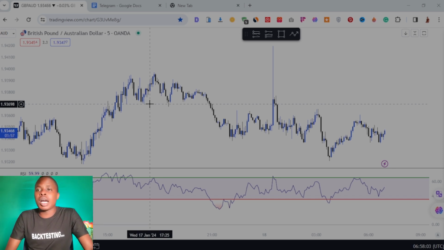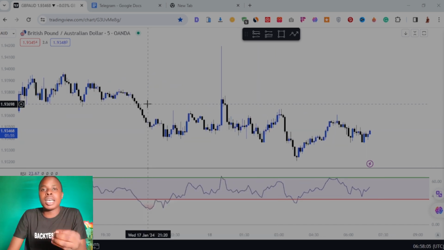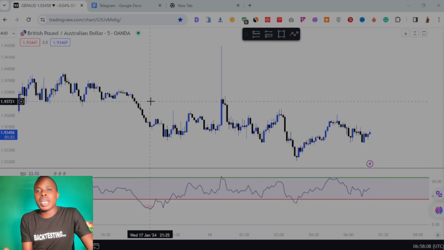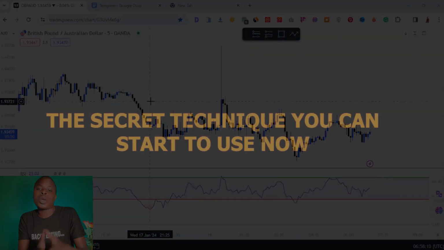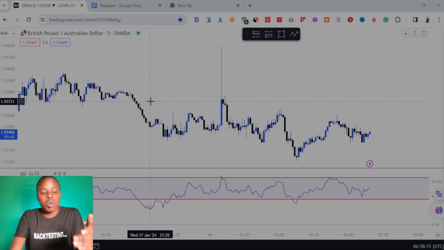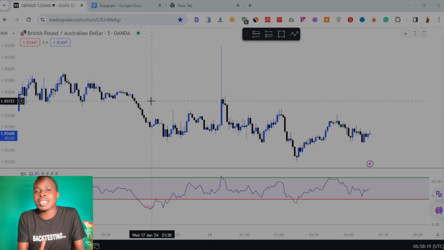So when most people think about the RSI, they start thinking about the overbought and oversold. But let me show you a secret technique that you can start using right now. You see, when you go to the fundamentals, what is the RSI? RSI simply indicates the momentum of the market. It measures the momentum from 0 to 100.